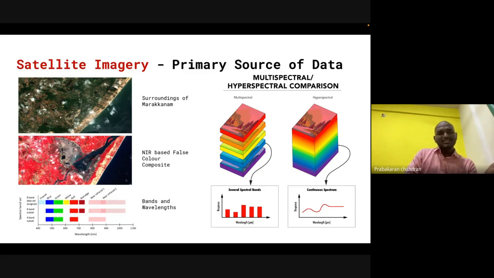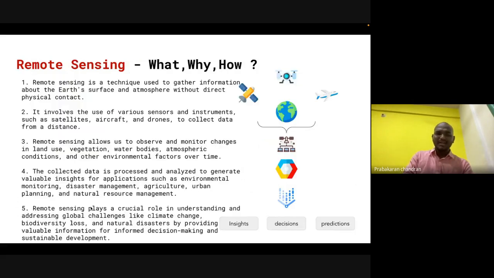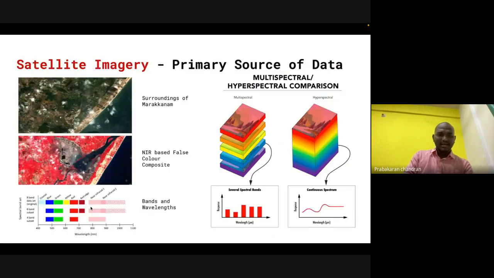So this is just an RGB image. But if we look at it in NIR, which is near infrared, you can see here we have coastal, blue, green, yellow, red edge, near infrared 2. Likewise, we have different types of bands based on different wavelengths.